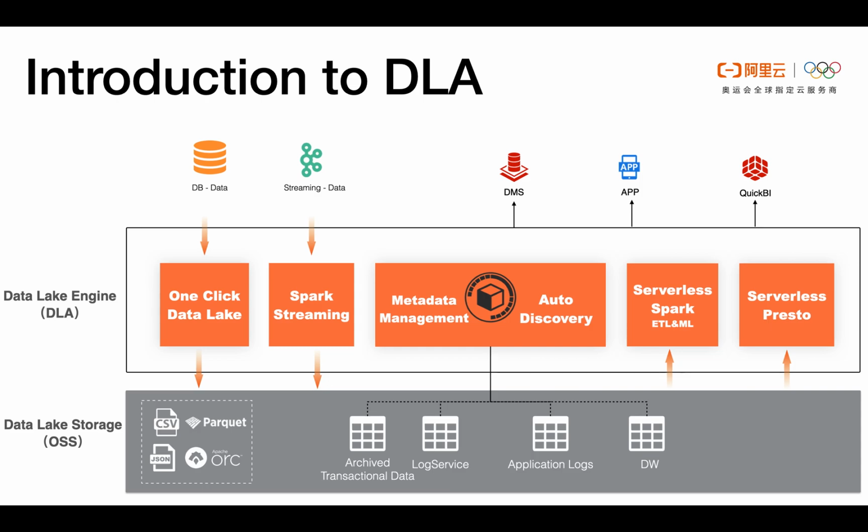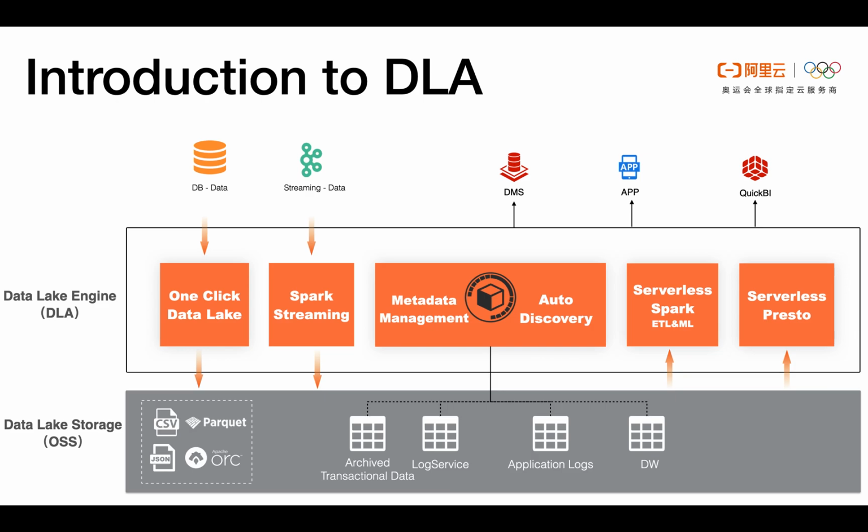This figure shows the DLA architecture. We have one-click data lake. Users can use it to transform data from database to OSS in order to gain higher performance and less pressure to the database.